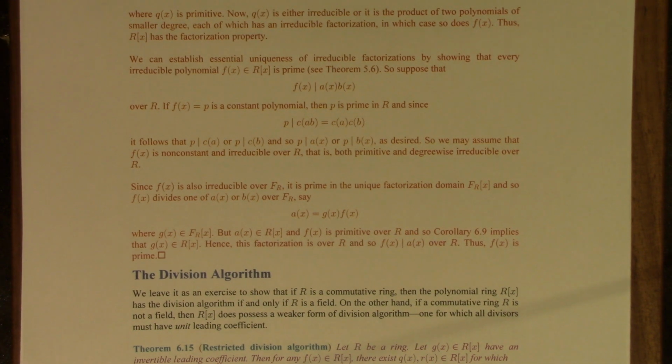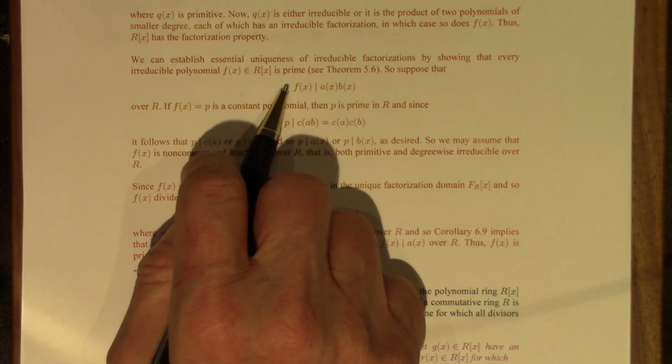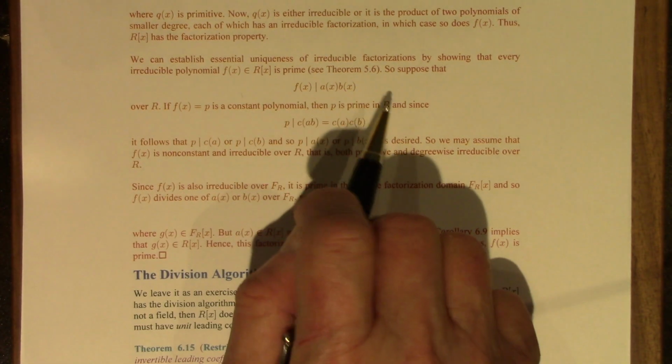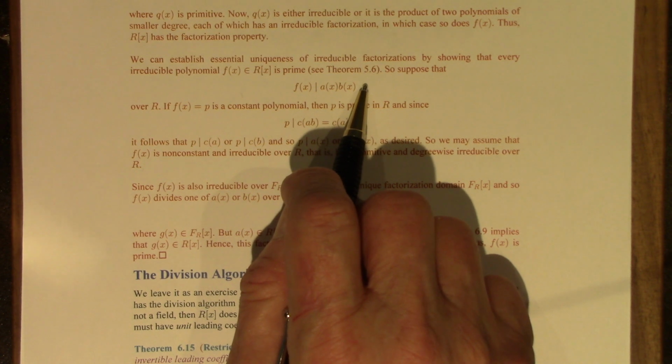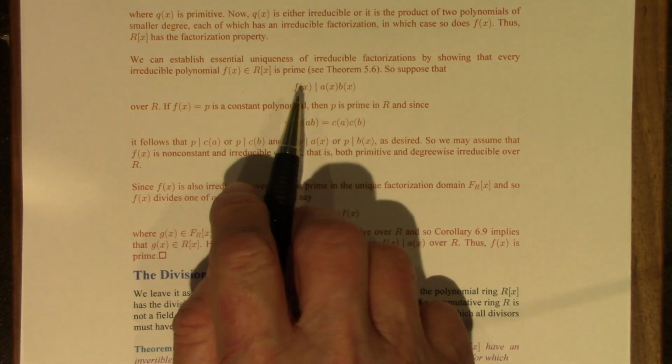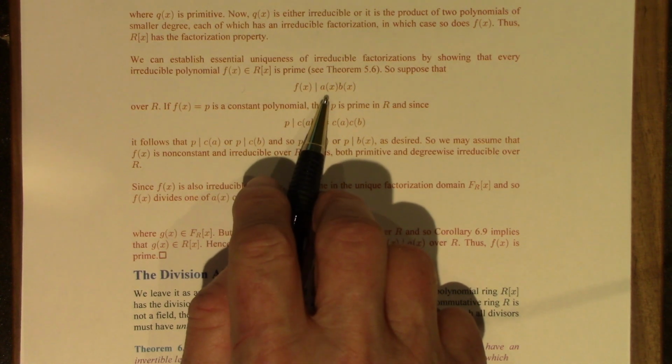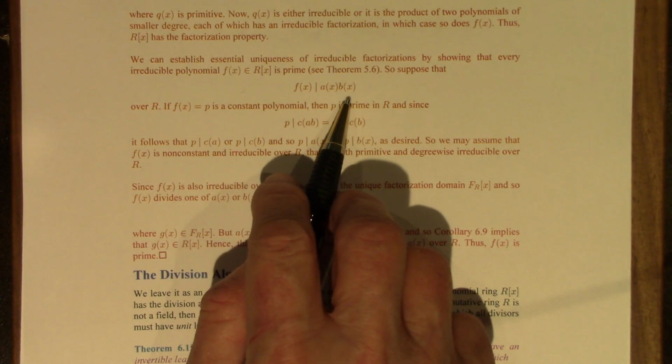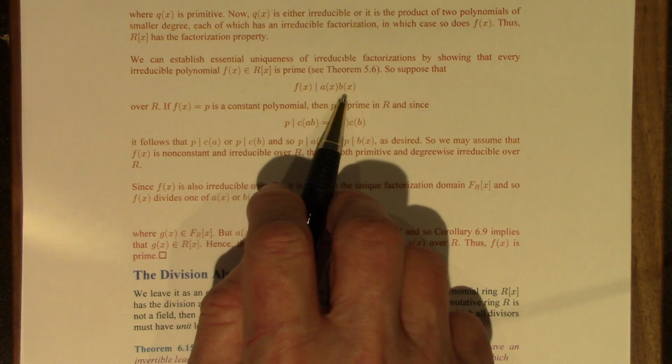As for uniqueness, we can establish uniqueness of irreducible factorizations by showing that every irreducible polynomial f of x is in fact prime. And that was an earlier theorem from chapter 5. So suppose that f of x divides a product, a of x times b of x. We have to show that f of x must divide one or the other of the factors.